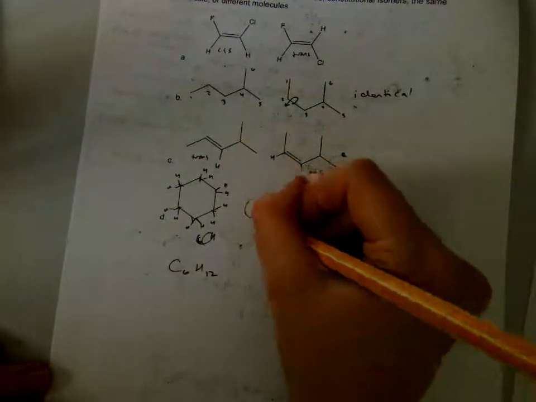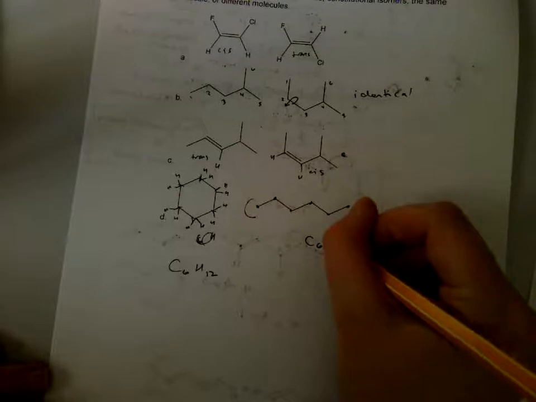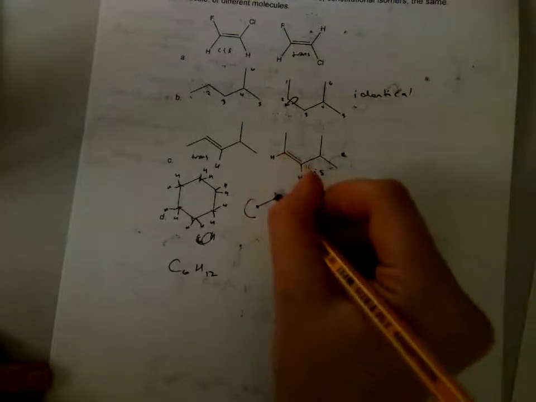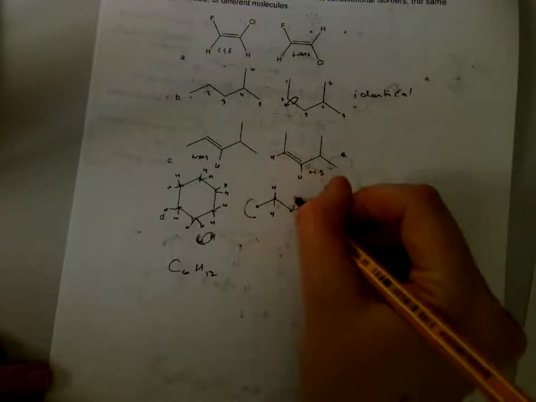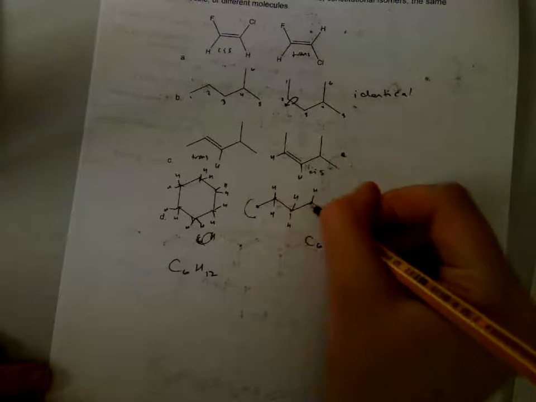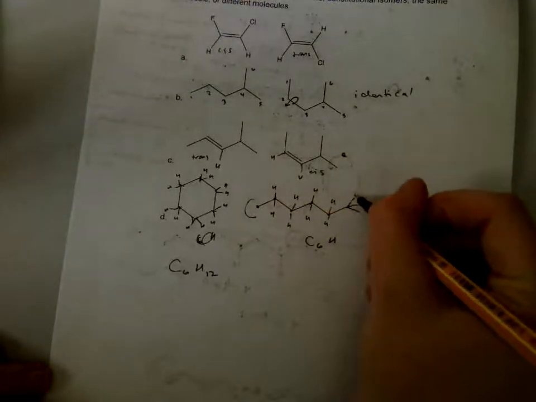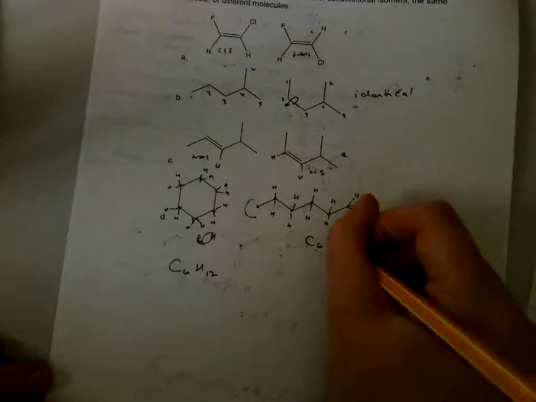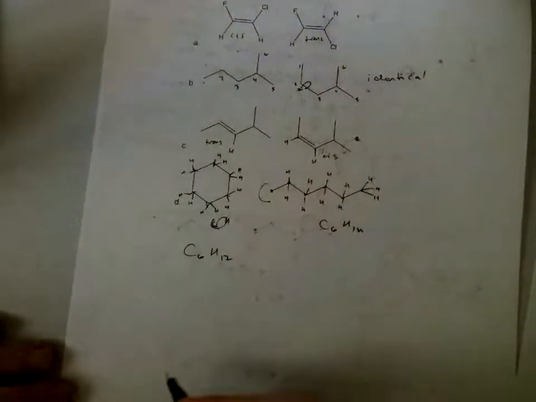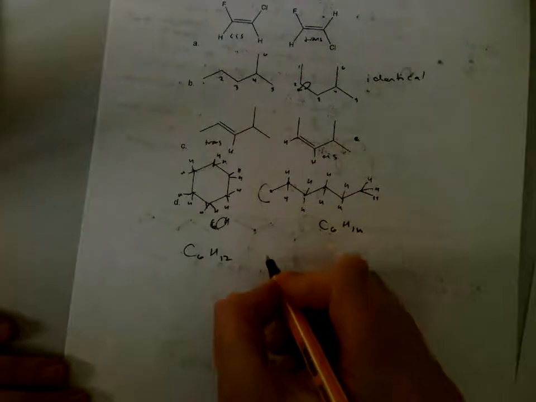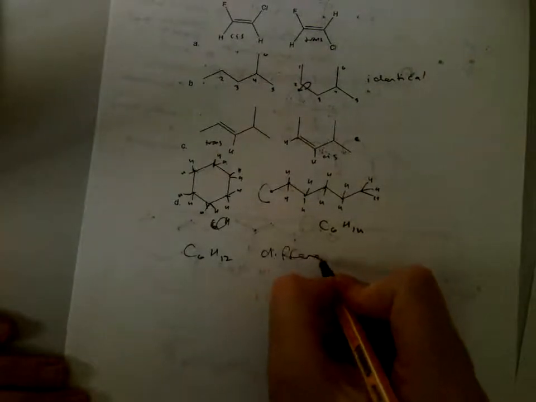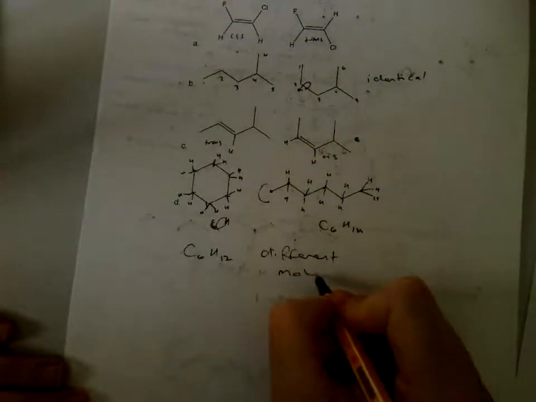And then there's 3 hydrogens here. 4, 5, 6, 7, 8, 9, 10, 11, 12, 13, 14. So these are different molecules. These are not isomers. They have to have the same number of carbons and hydrogens.